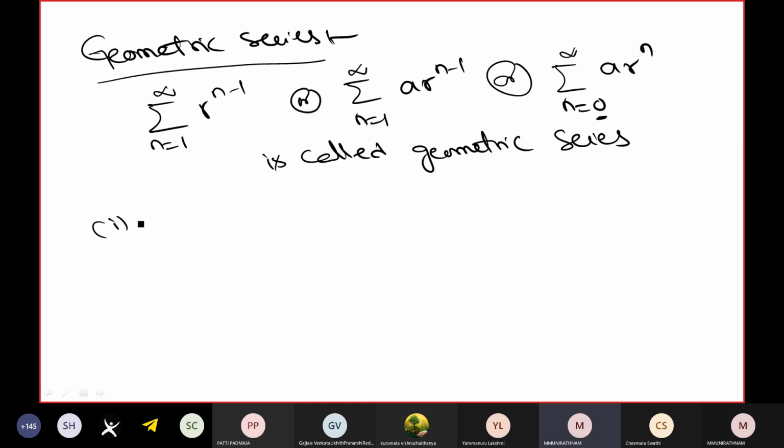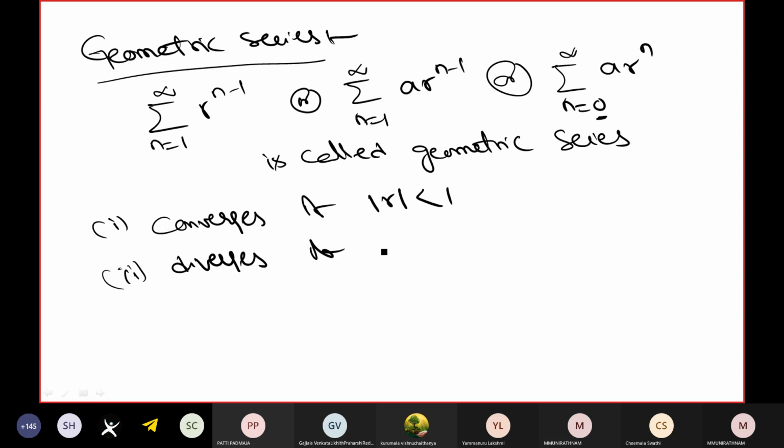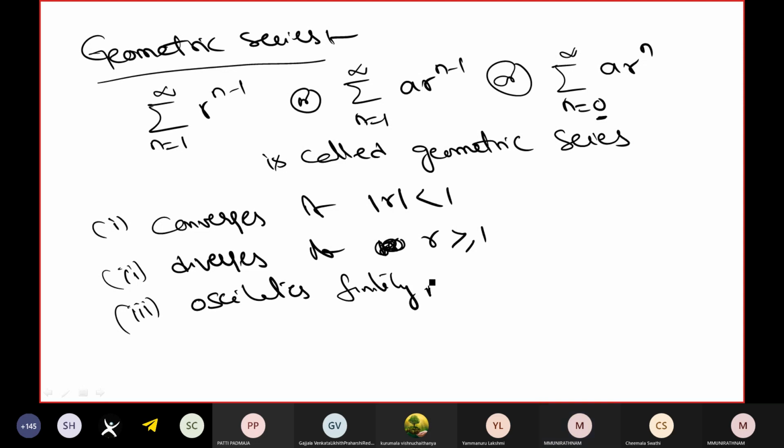It converges for mod r less than 1. Diverges for r greater than or equal to 1. Oscillates finitely if r equal to minus 1.